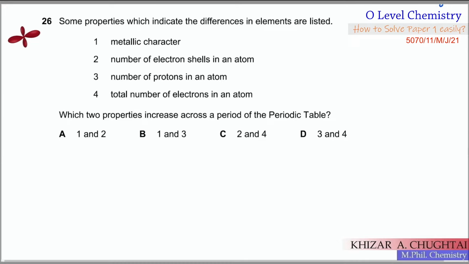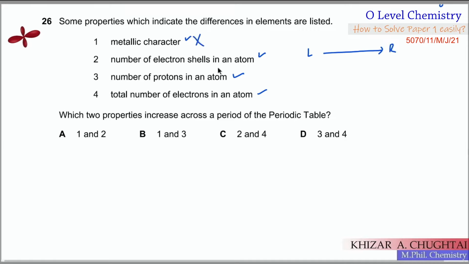Some properties which indicate the difference in the elements are listed: metallic character, number of electron shells in an atom, number of protons in an atom, total number of electrons in an atom. Which two properties increase across the period of the periodic table? As we move from left to right in the periodic table, which two properties are going to increase?